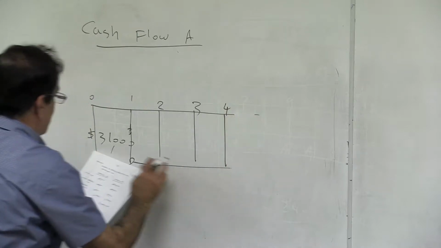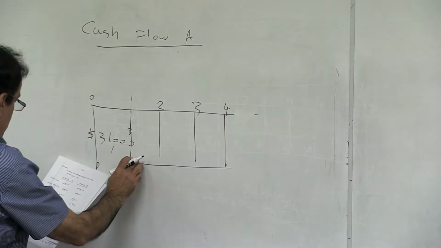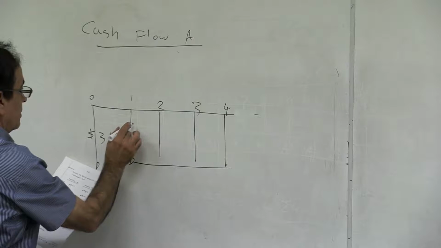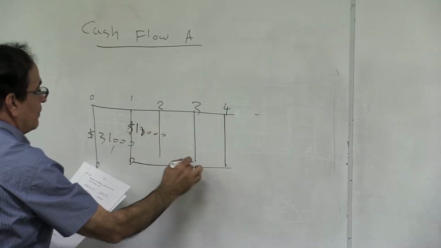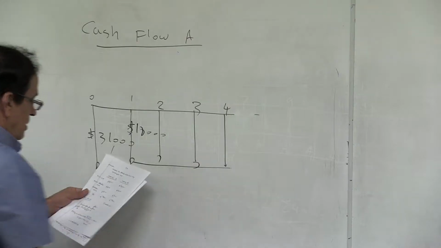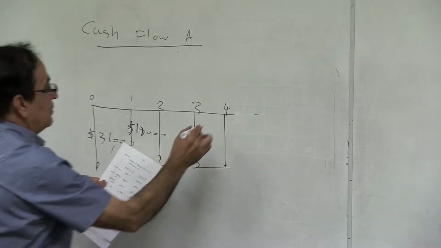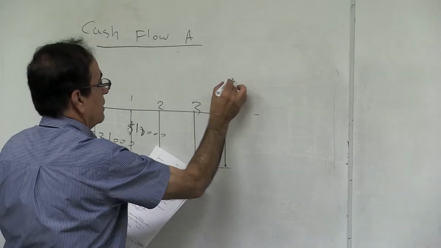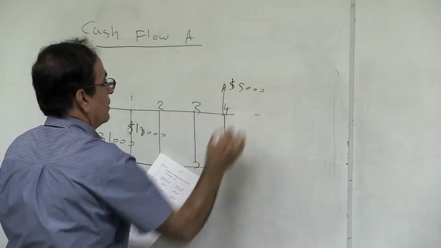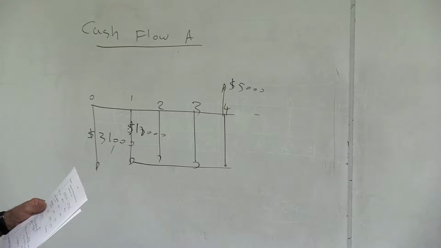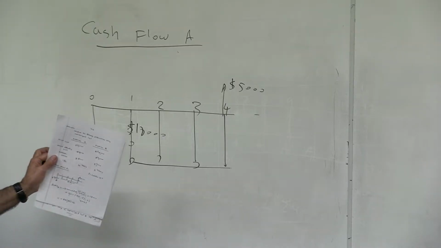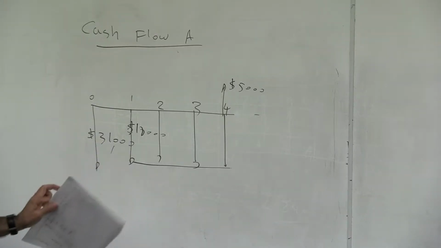The annual operating cost is 18,000. So that's a uniform payment from year 1 through year 4. Then you have the salvage value of 5,000 at the end of year 4.